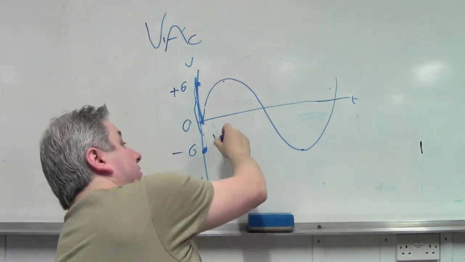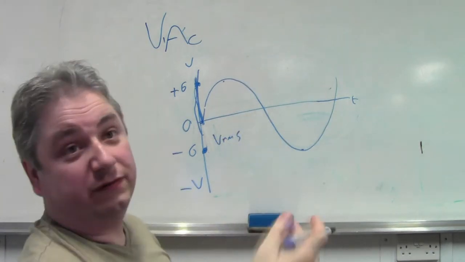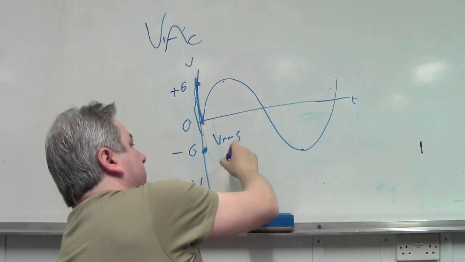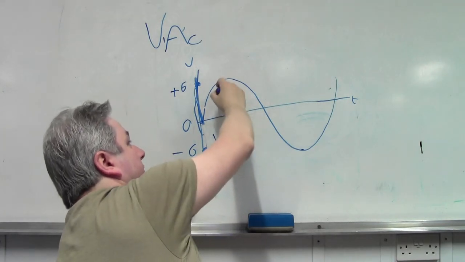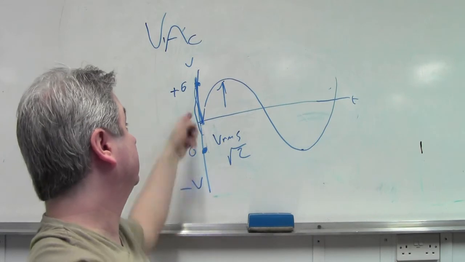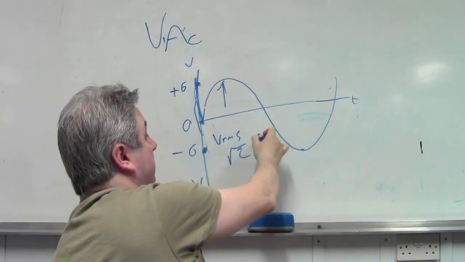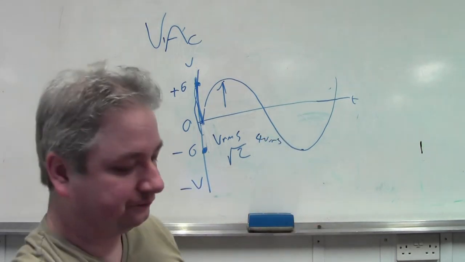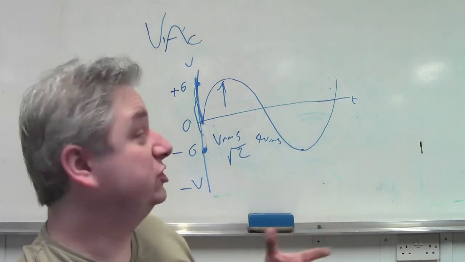So volts RMS. And that's normally the root mean squared of the value. So the amplitude divided by root 2 is our RMS value. So this would come out to probably about 4 volts RMS, around that sort of figure. But we'll get onto that in the future.